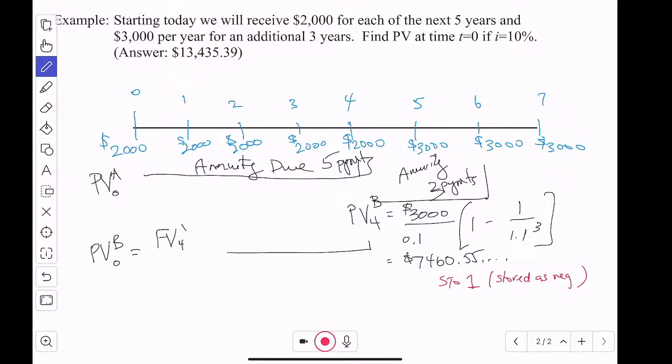So remember, I can call this the future value of B and take this back 4 periods to get an answer. And this would give me, using recall 1, what number?